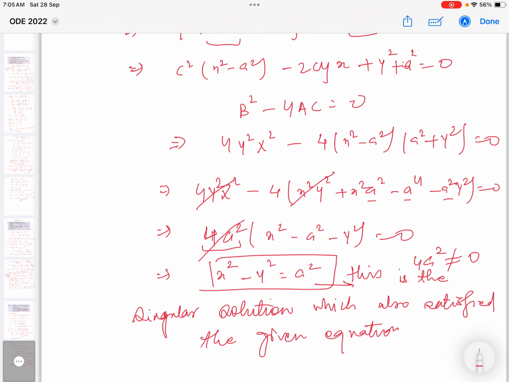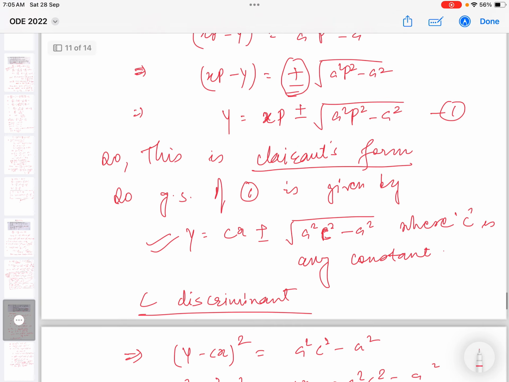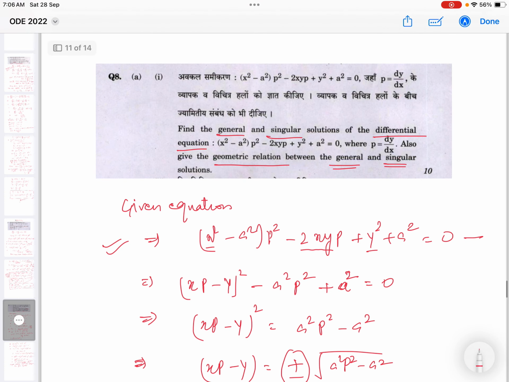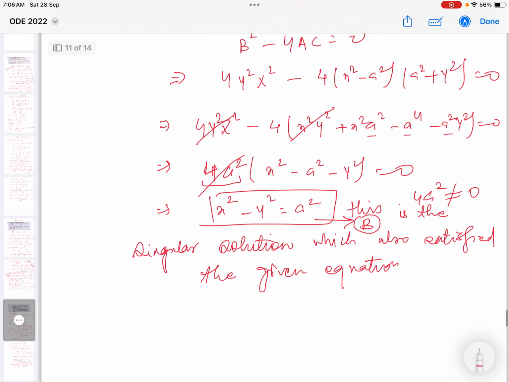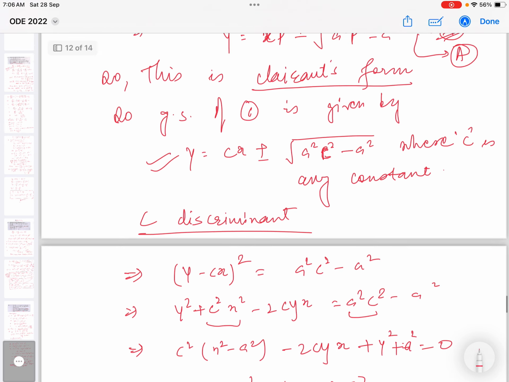Say this is B, and say this was A, our original equation, equation 1. Then we have got the original solution, the general solution, and the singular solution.